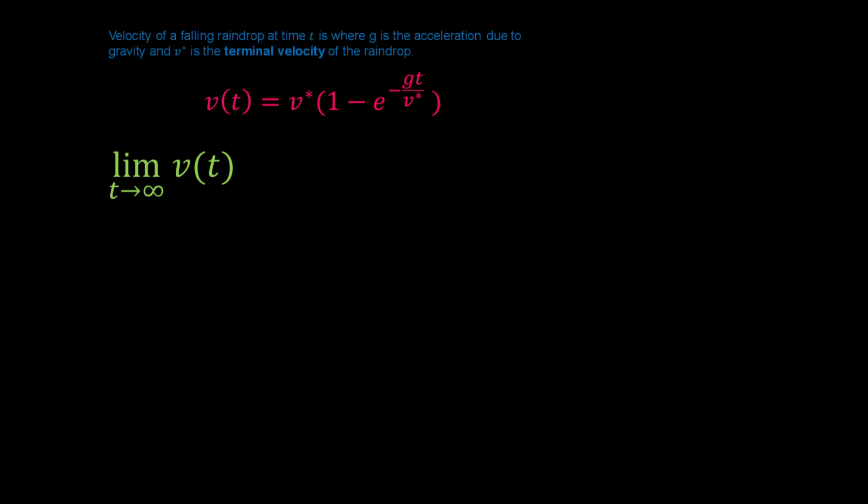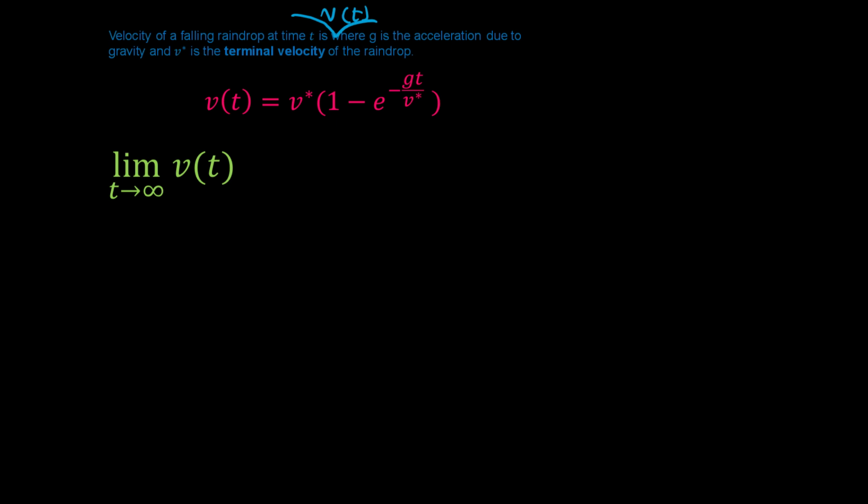Velocity of a falling raindrop at time t is, I have to add v here, v(t), where g is acceleration due to gravity in this formula, and v star is the terminal velocity of the raindrop.